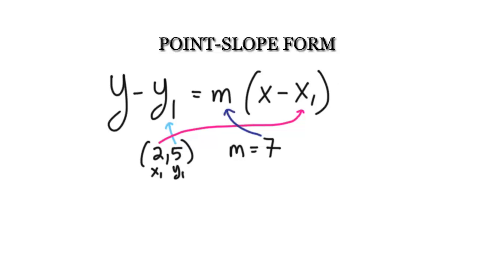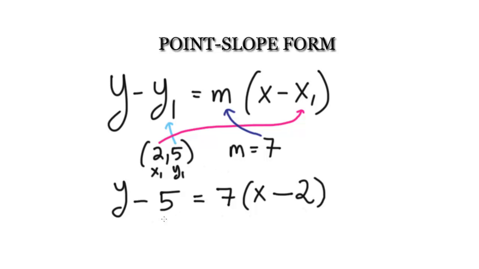Right, so when we want to write this as point-slope form, it's going to look like this: y minus the y1, which is 5, equals the m, which is 7, in parentheses x minus the x1, which is the 2.